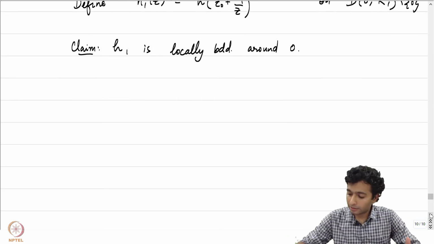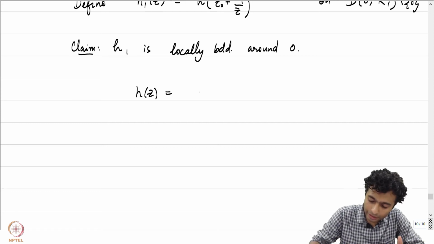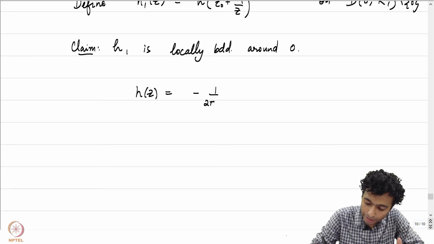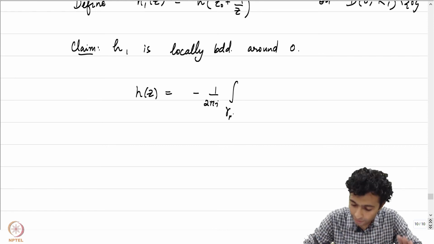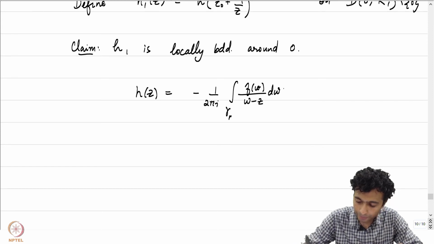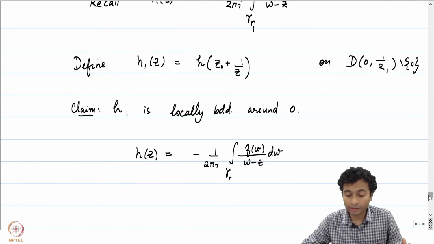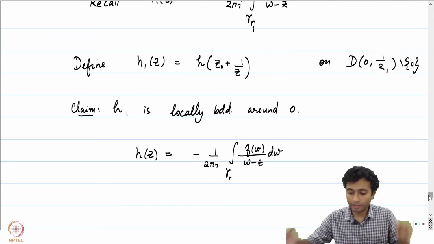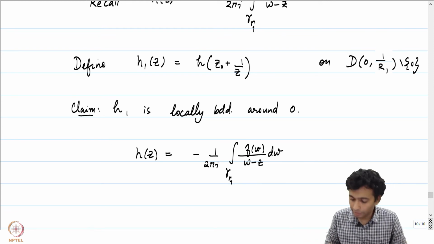To check this, let's consider what our h of z was. H of z is basically minus 1 by 2 pi i, the integral over gamma r, f of w by w minus z dw. We'll fix what r is in a moment. r is nothing but a number which is less than mod z minus z0 and between capital R1 and R2. In particular, r1 would have sufficed, so let me just put r1 here.